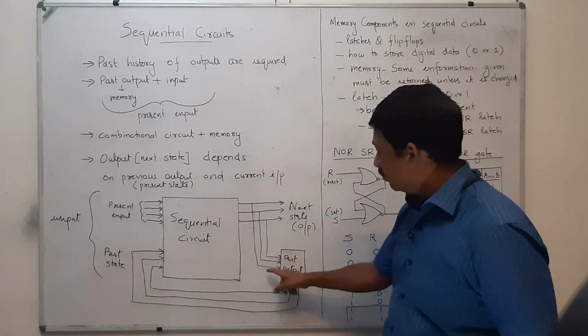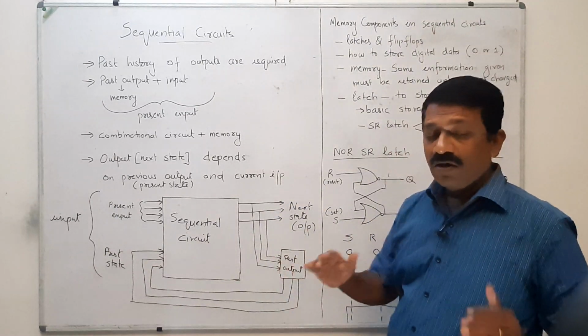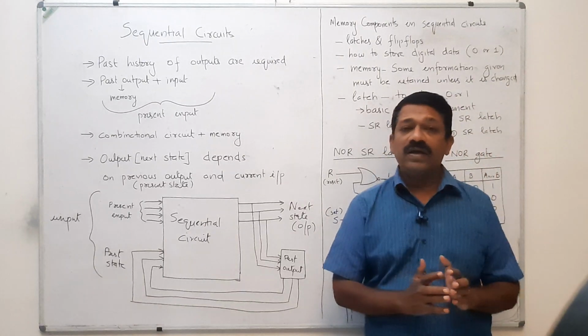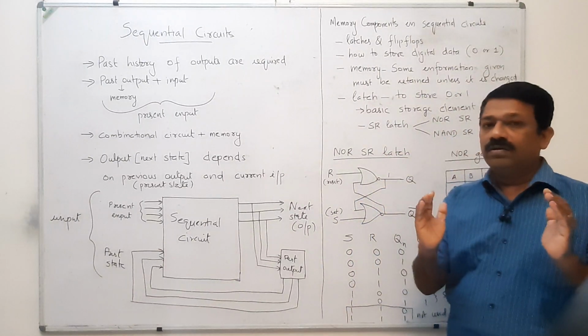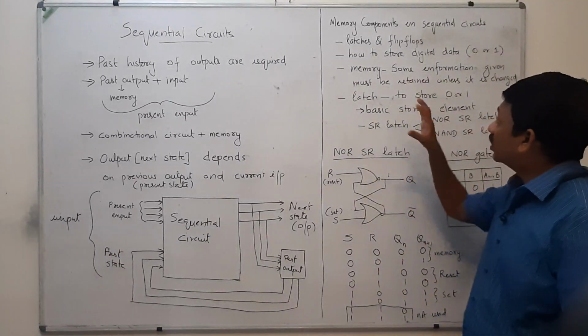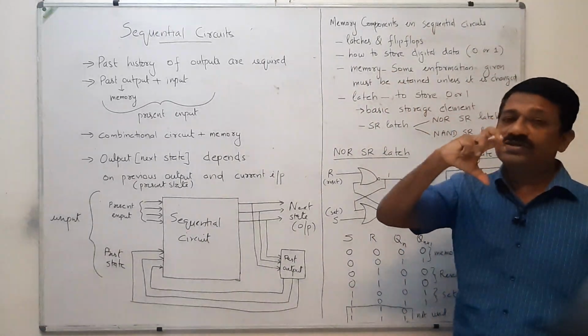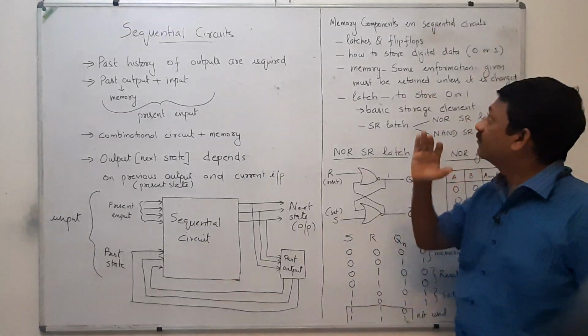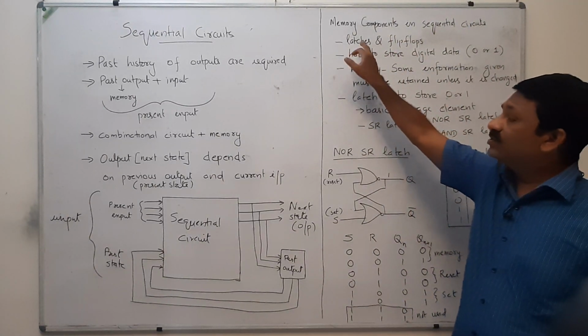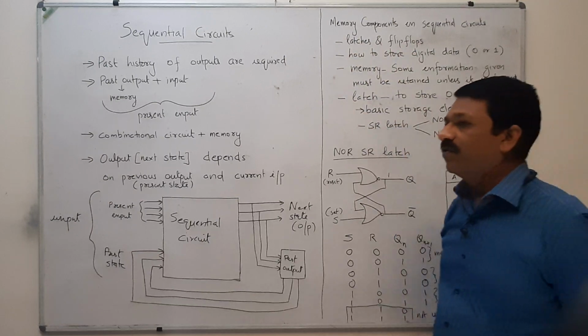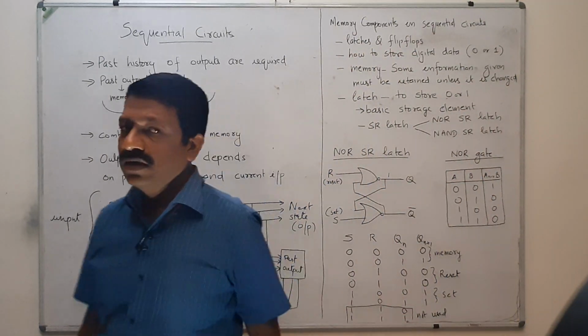This past output is treated as memory. For that you require some storage location or some circuits for storing this memory component. For that we are using latches as well as flip-flops.